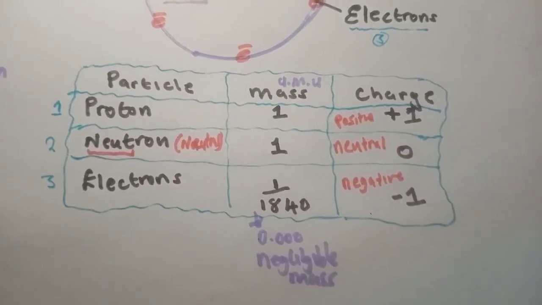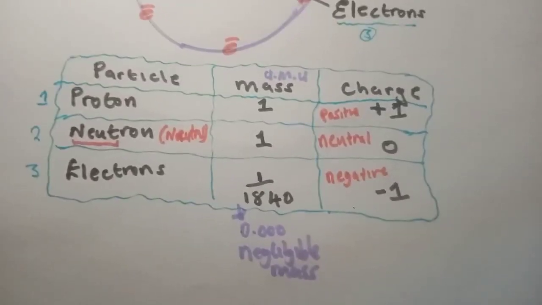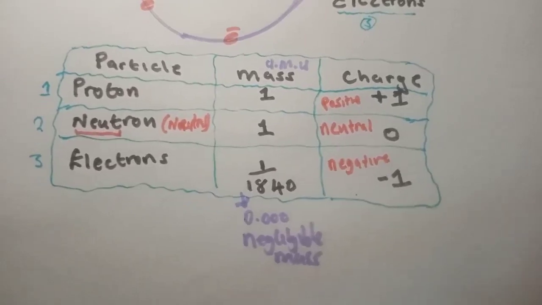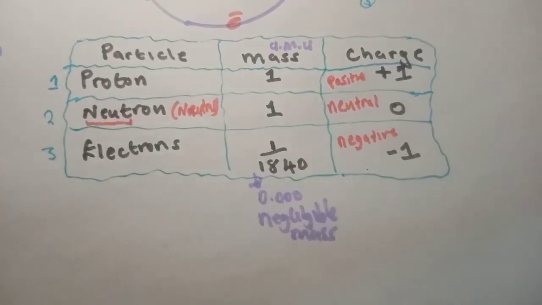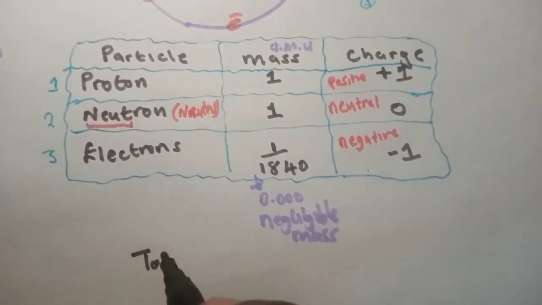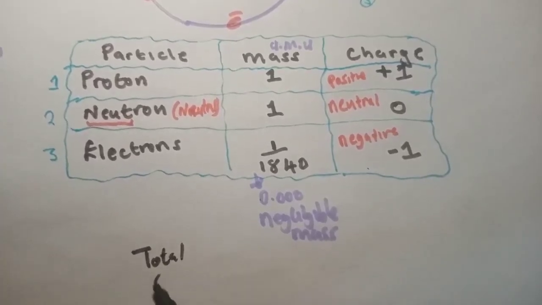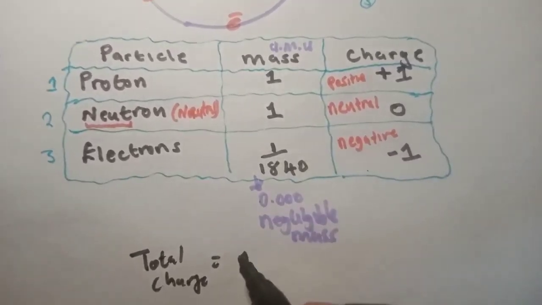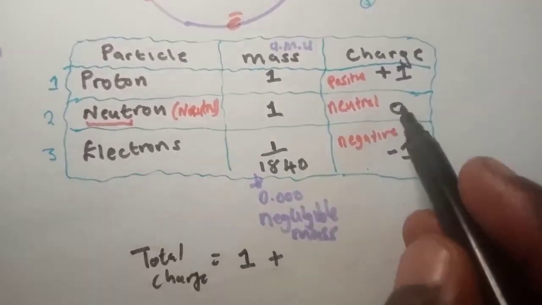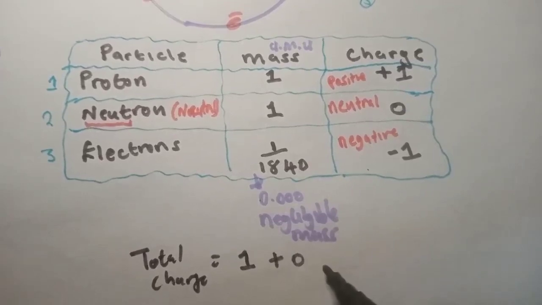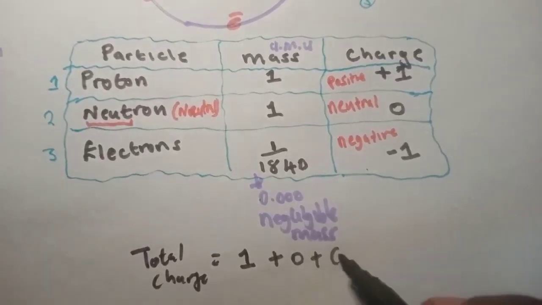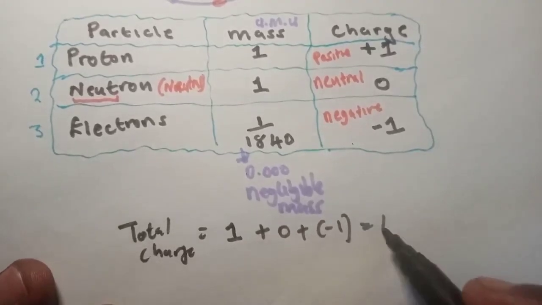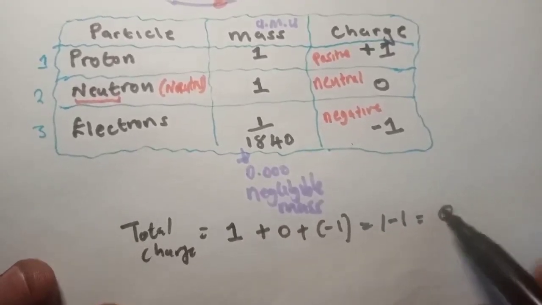Now, what is the total charge of the atom? If we add all these charges, you have +1, plus 0 for the neutron, plus -1 here. 1 minus 1 gives you 0.